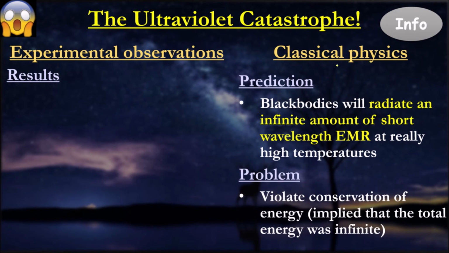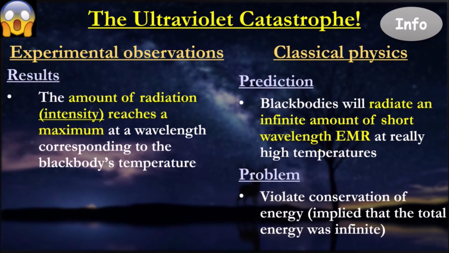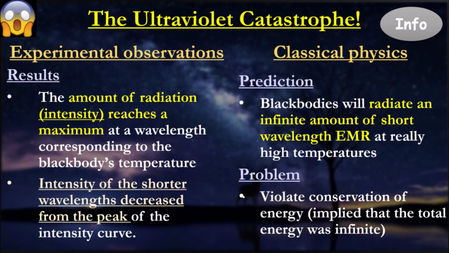So, classical physics predicted that black bodies will radiate an infinite amount of short-wavelength electromagnetic radiation at really high temperatures. What we actually saw was the amount of radiation would reach a max intensity, and then the corresponding wavelength would suddenly decrease very sharply from there. So this part doesn't match up with the prediction that we had.